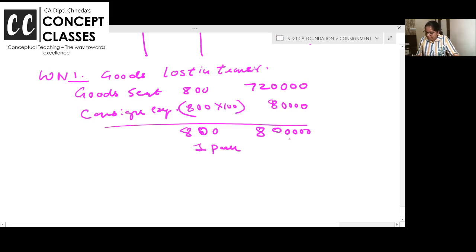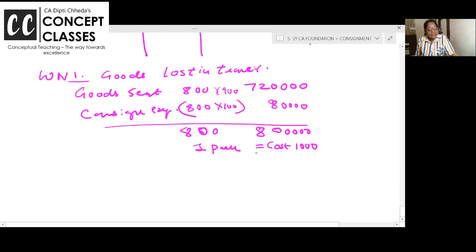Okay. So 8 lakh is the cost of 800 packets. One packet cost is 1,000. Are you all with me? One packet cost is 1,000. Yes, this is 900 and this is 100.